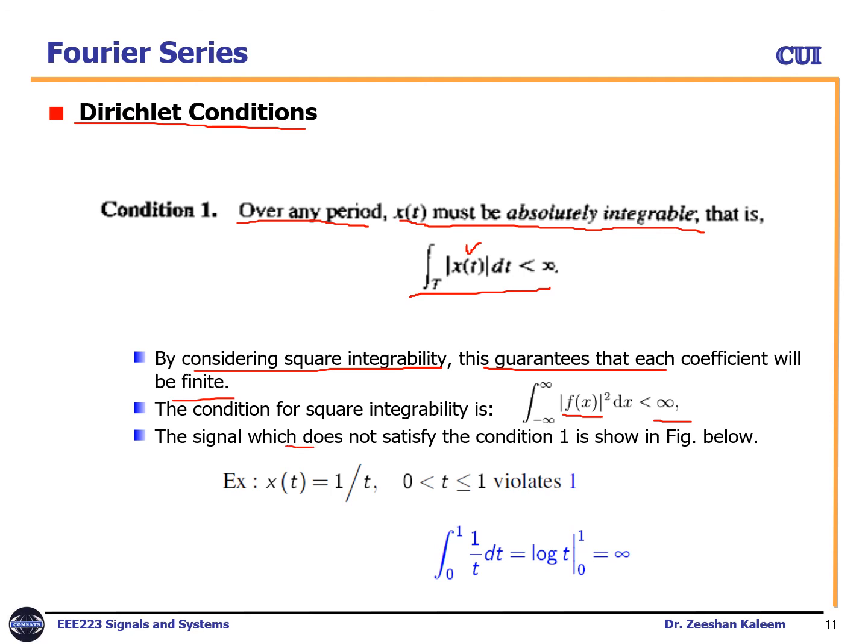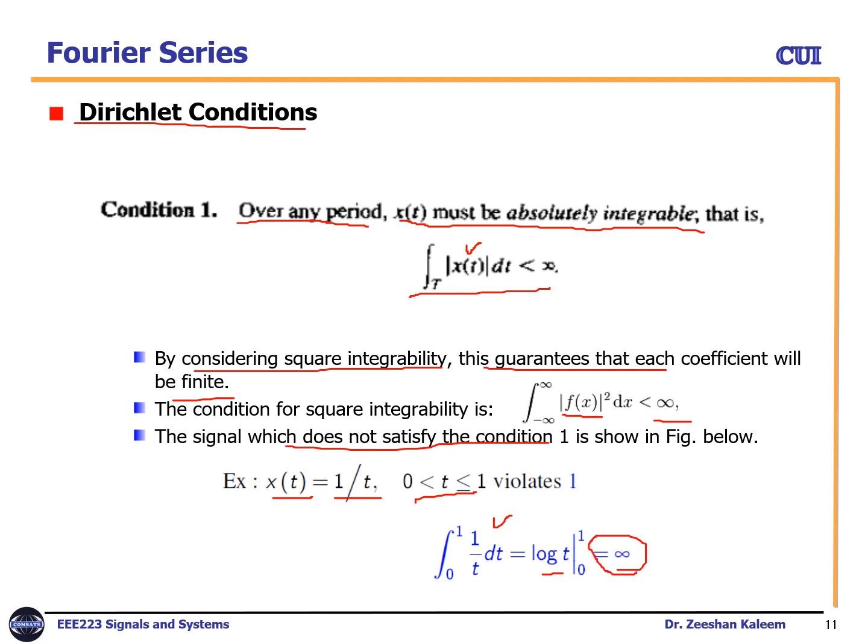The signal which does not satisfy condition 1 is shown in the figure below. For example, you have x of t equal to 1 over t, and if you take the integral of 1 over t dt from 0 to 1, because its period is given as 0 to 1, you will get log of t. When you put in the limits 0 to 1, you will get infinity.